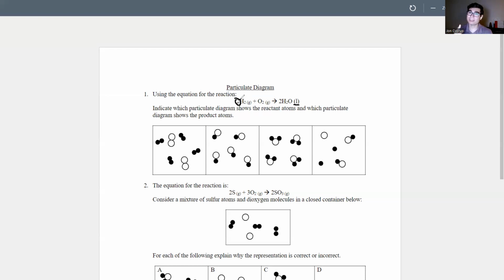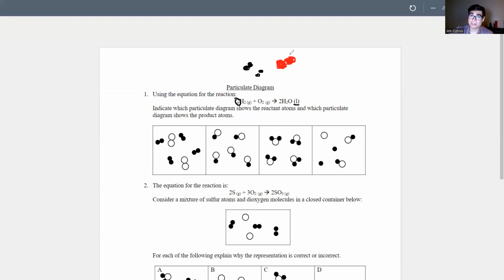So we have two pairs of two H2 molecules that are floating around, two separate ones. We have one O2, right? These are two oxygen molecules and a pair floating around. We only have one because the coefficient here is what we call a coefficient for the compound or element. So this has a coefficient of 1, we just didn't write it in.